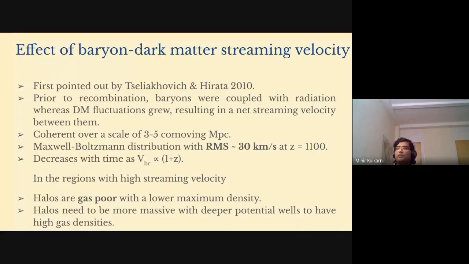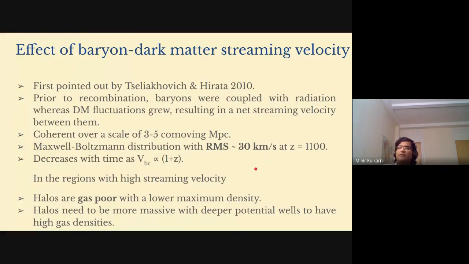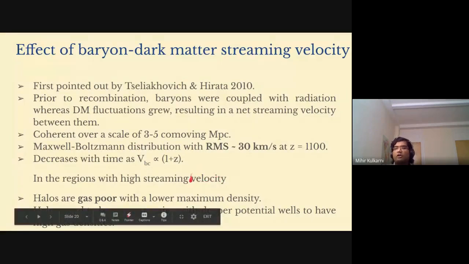It follows a Maxwell-Boltzmann distribution with an RMS, root mean square, velocity of nearly 30 kilometers per second. And this streaming velocity decreases with time, so it's not important today. If you look at any papers about, say, star formation in the Milky Way, you won't hear about it because it becomes very small. But when we are talking about high-redshift phenomena, such as the formation of first stars, it is significantly important.